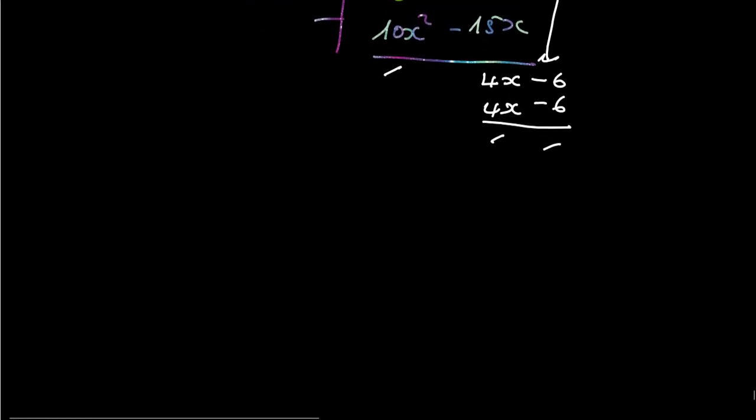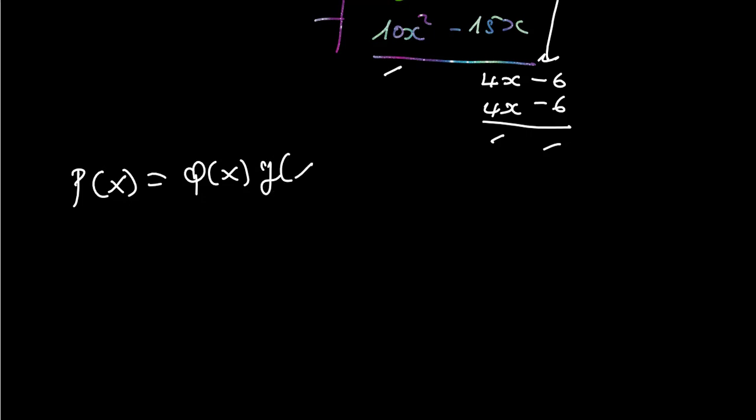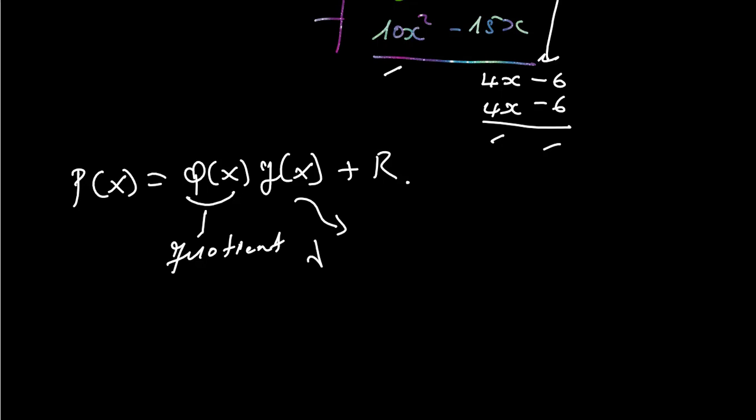Generally, if you have a polynomial p of x which has undergone division, it is always written as q of x times g of x plus the remainder r, where I call q of x the quotient and g of x the divisor.